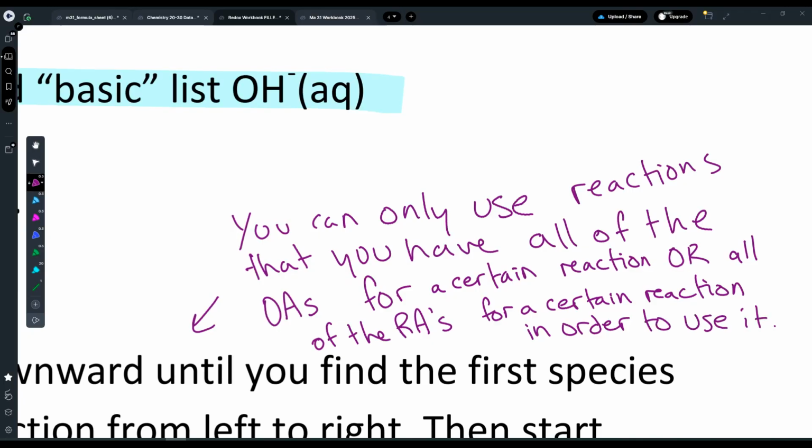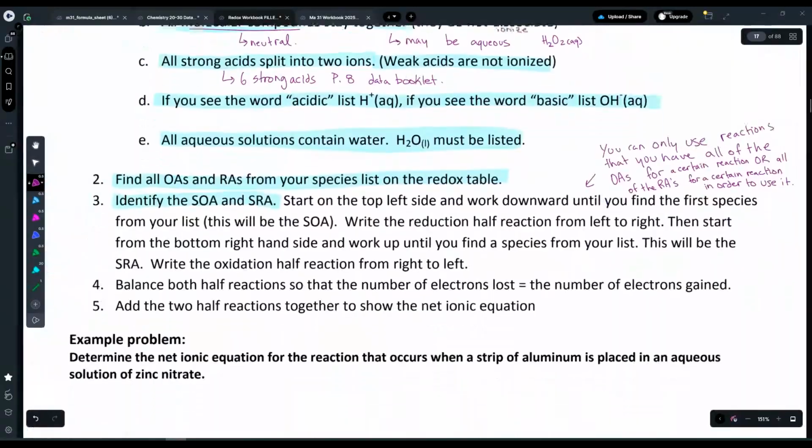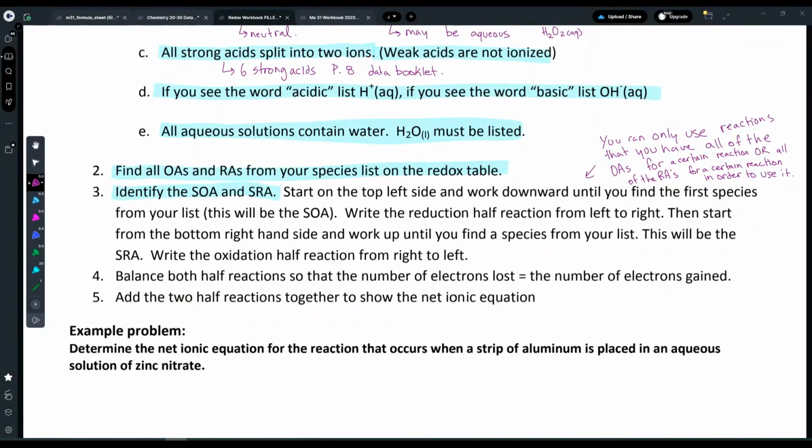Okay, that's a common mistake that students make, is they select reactions that they don't have all of the OAs for or all of the RAs for. So one last thing that we need to go over from step number 3 is that we're going to write the reduction half reaction from left to right.